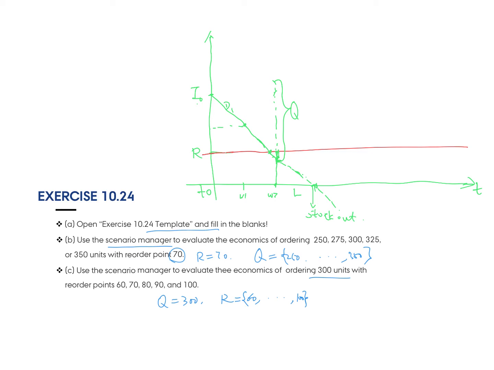And then when the lead time comes, your order arrives. So now you have a new inventory level because the ordered quantity has arrived. You just repeat this process to make decisions about when you should order and how much you should order.